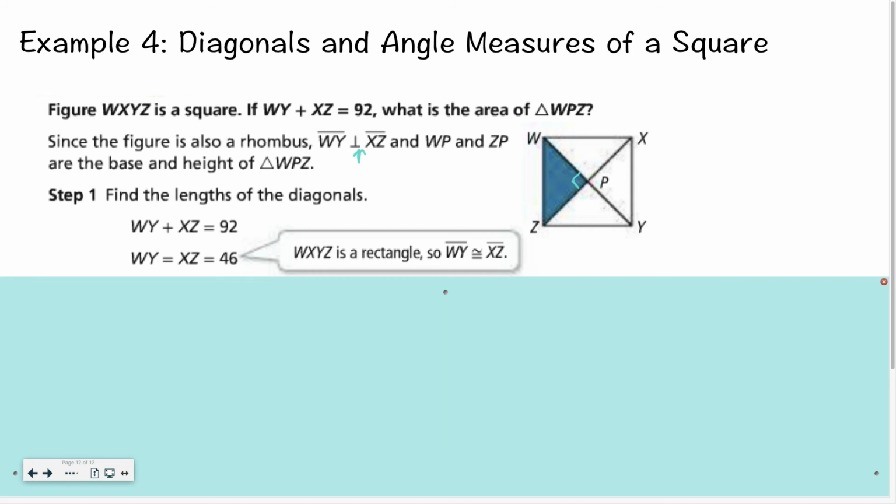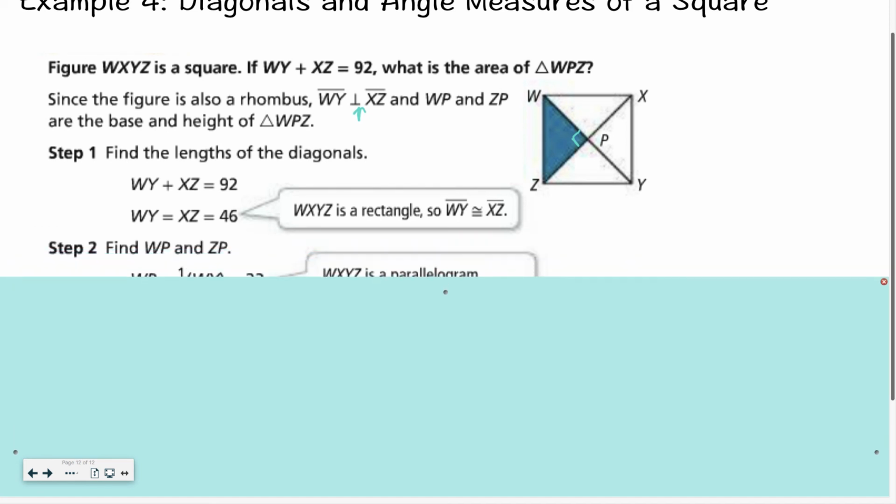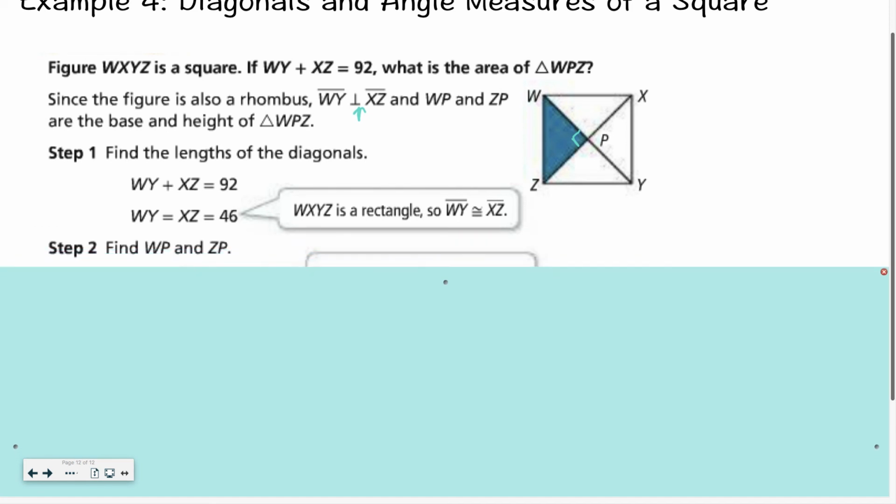So that means that WY would equal XZ. My 2 diagonals equal each other. And therefore, each one would be 46 units, because I'm going to take that sum of them, that 92, and I'm going to cut it in half.